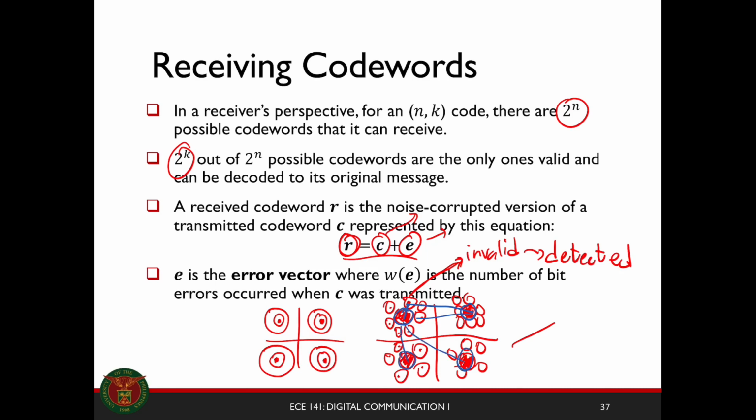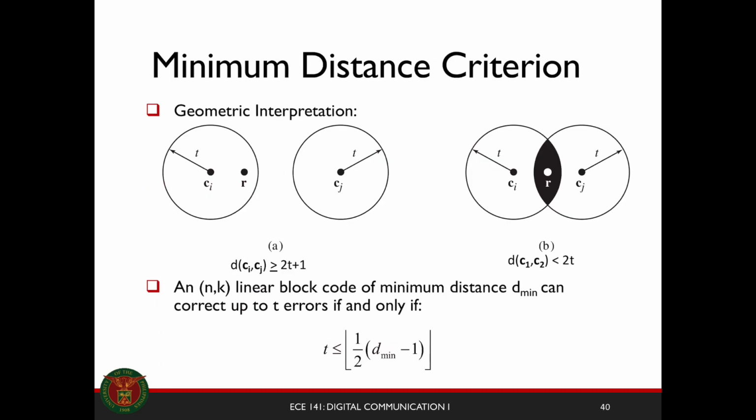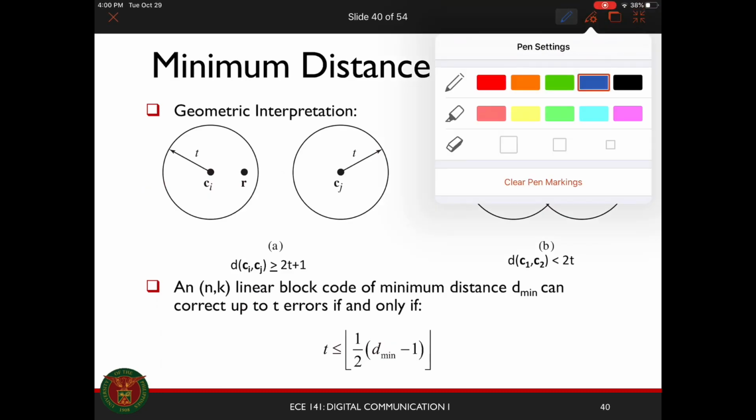To do that, the distance between your spheres must be large enough. At the very least, it should be greater than or equal to twice the error correcting capability of the code plus 1. That is what is illustrated in this slide.